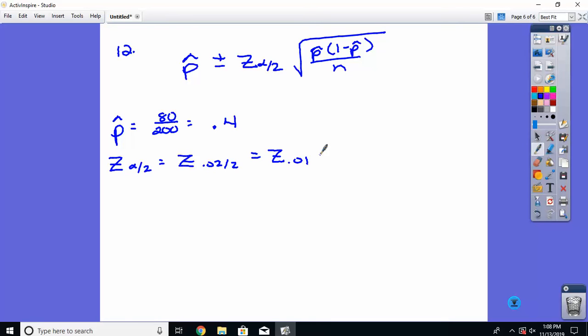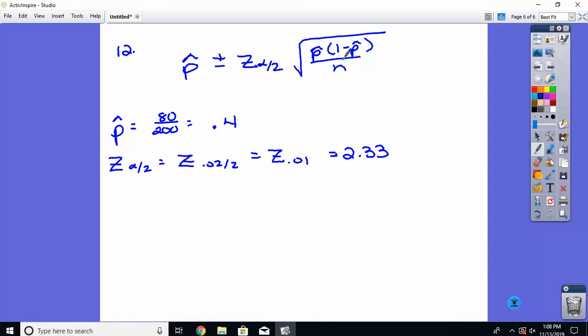So you go to your table, looking inside the table, you're trying to find the closest you can get to 0.99. And that is 2.33. Remember, I did tell you some of those are given at the bottom, but not all. 98% is on there, but you can expect me to ask at least one on your test that is not on there, just to make sure you know how to read from the table.